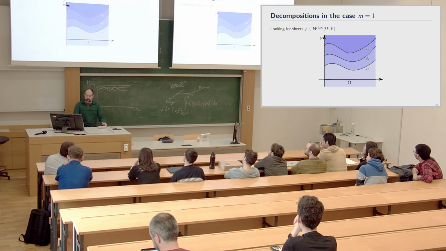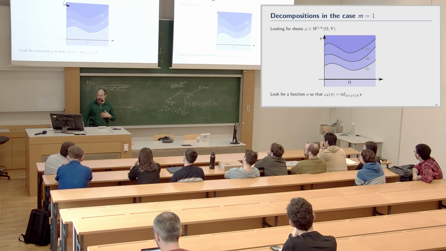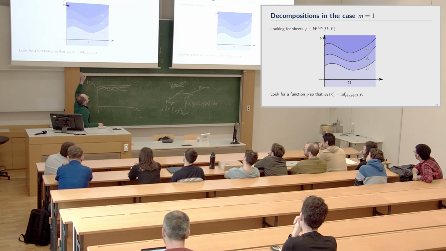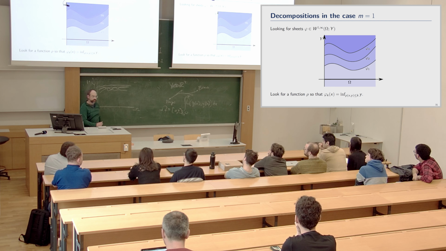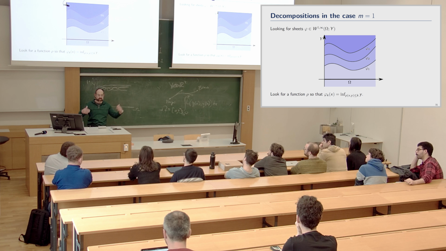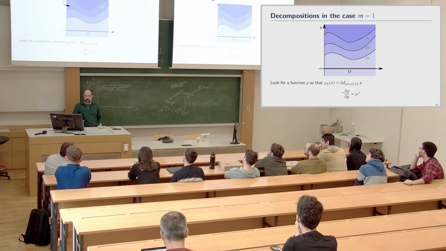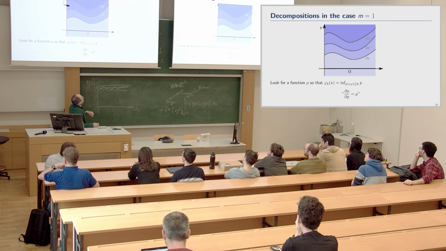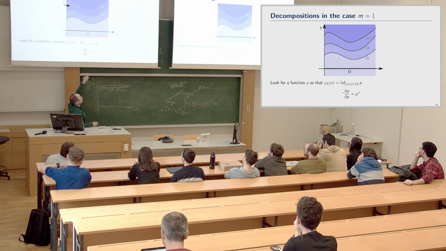And so somehow, there's this idea of, can I define a function whose vertical derivative is such that the boundaries of the level sets are these sheets that you're looking for, and so somehow what you would want is some relation like this, like the vertical derivative would be mu, right?